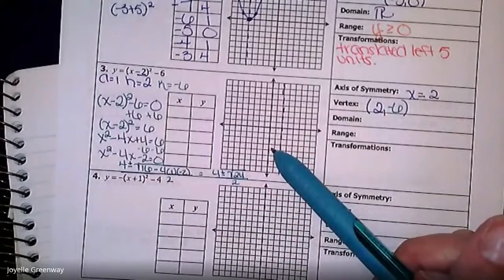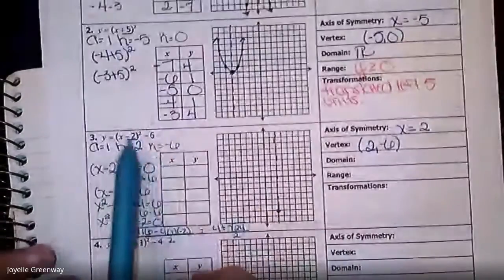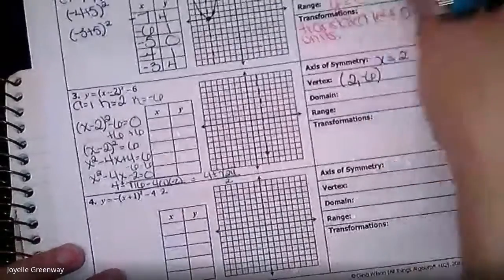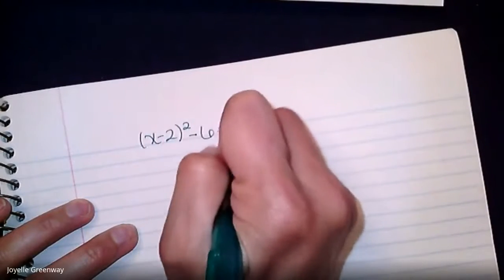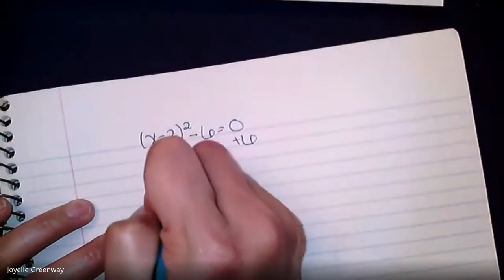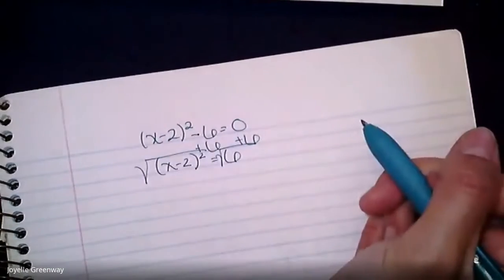So what I was going to say was if I just did x minus 2 quantities squared minus 6 equals 0, if I add a 6 to both sides, I have x minus 2 squared equals 6, right?